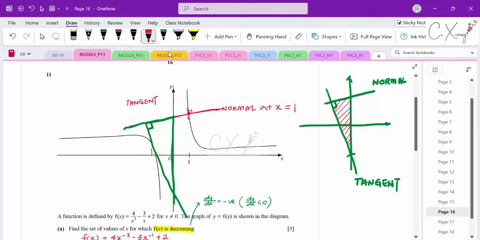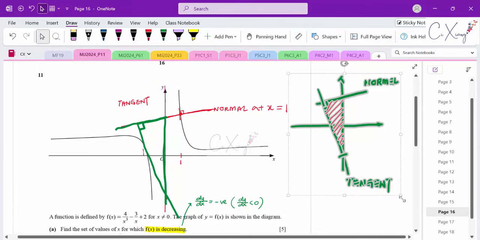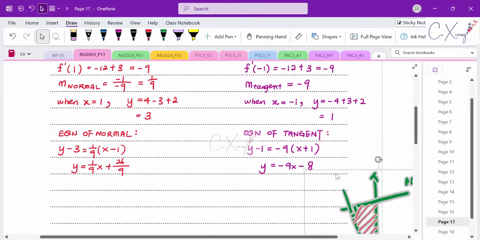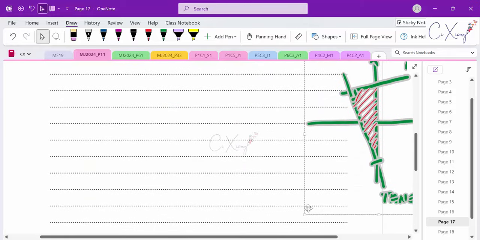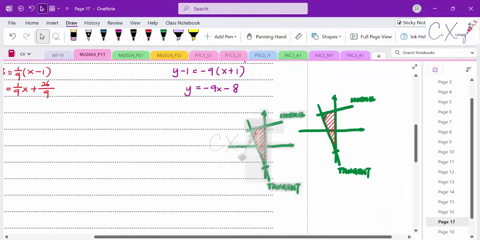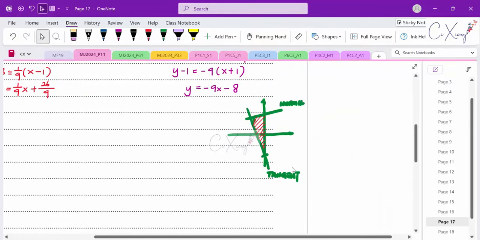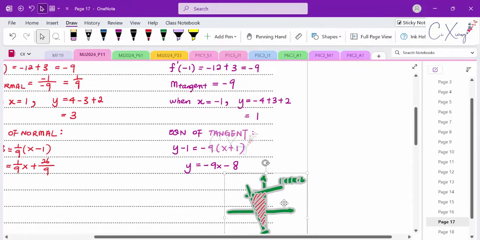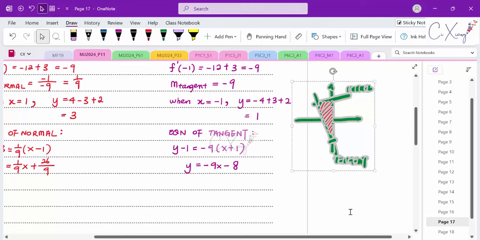Now I want to bring this down to the next question. Let's have a look at this part now. From here, I already know how the triangle looks like.